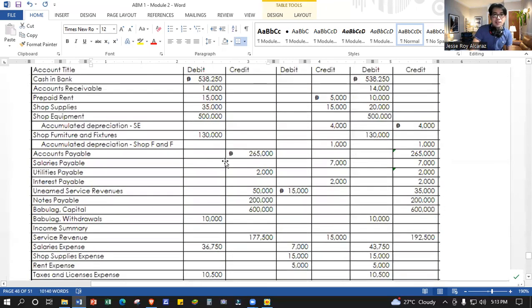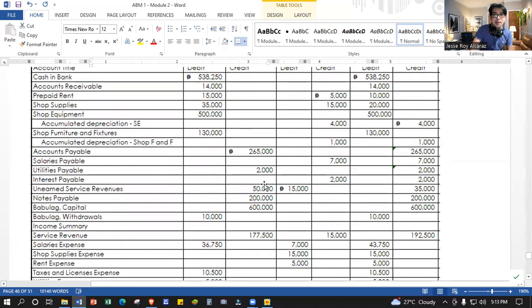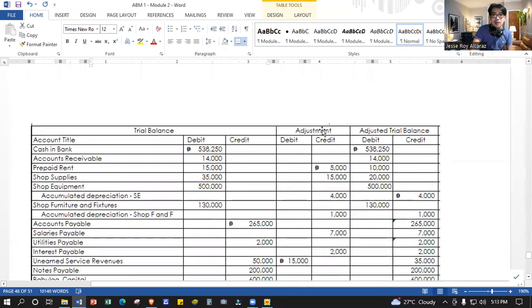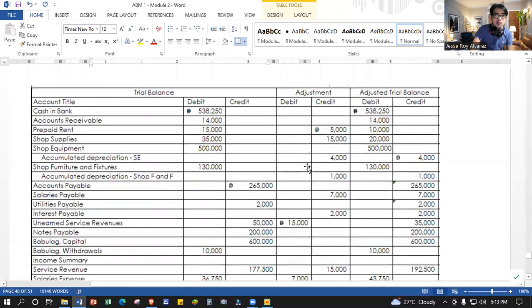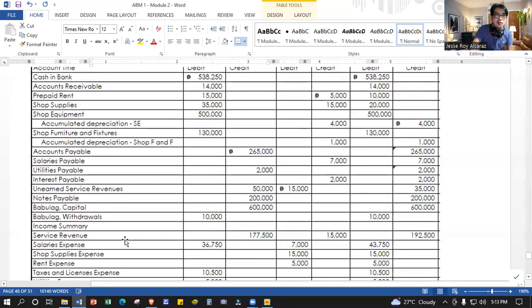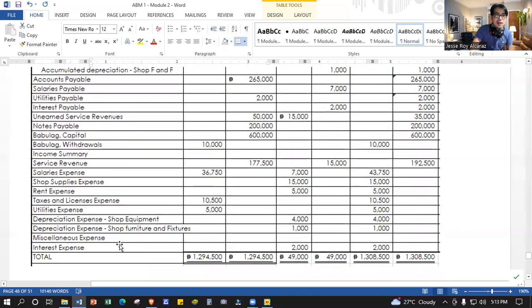This is the trial balance we made last time, and then we add another column, adjustments. If you've noticed, our trial balance earlier only went up to here, probably income summary or service revenue. So we will be adding more particulars now.